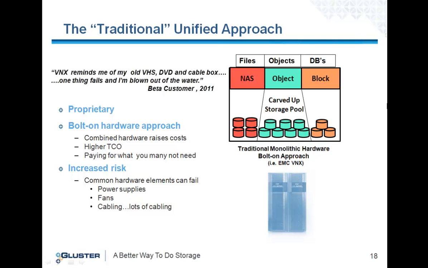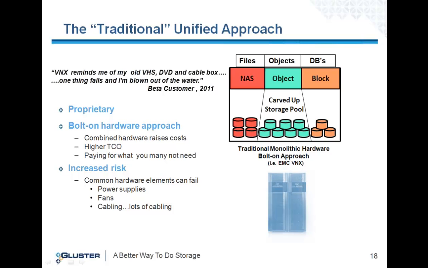Now, from an approach perspective, we'll take a look at a traditional approach that shows how, from a hardware perspective, one vendor, in this case EMC, builds together a NAS file server, an object storage environment, and then also supports fixed block architecture or direct attached through SAN through fiber channel connectivity or block connectivity.